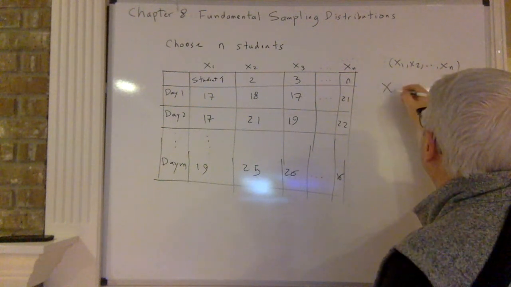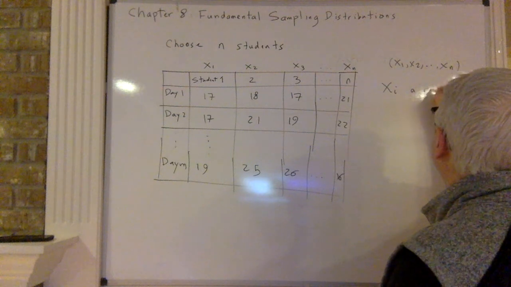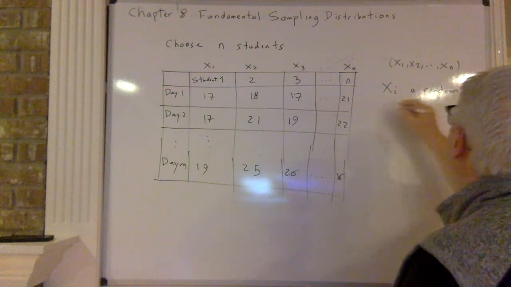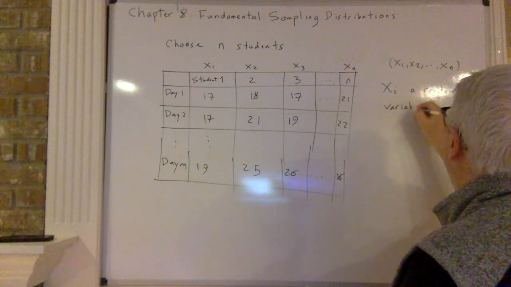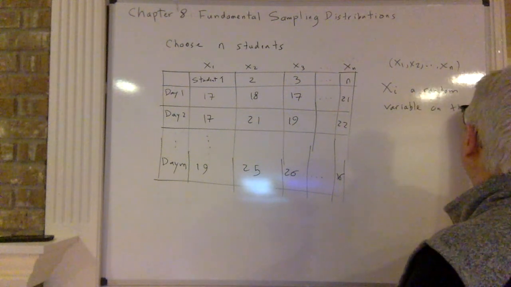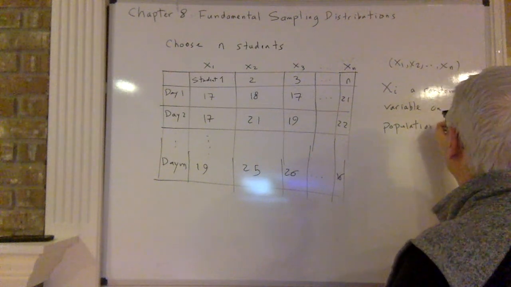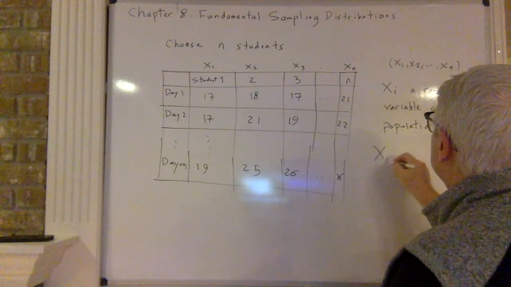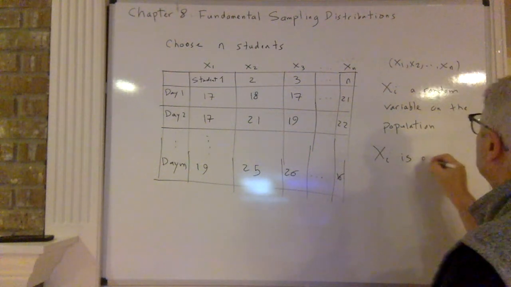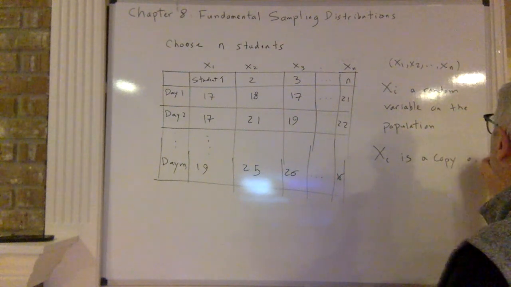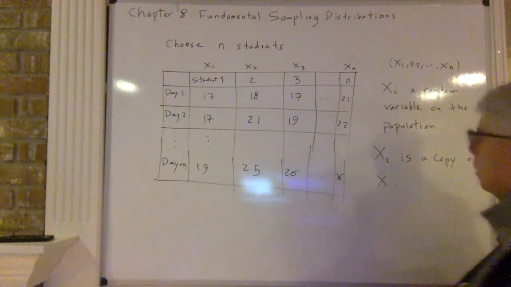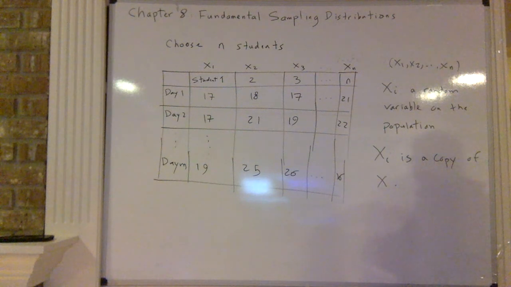Each one is a random variable in the population, and each one of them is a copy of x.